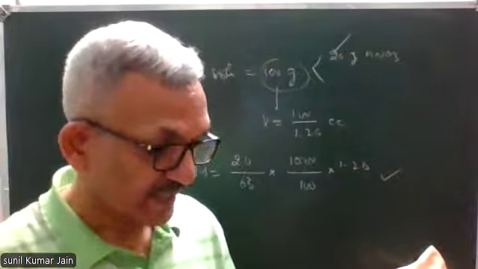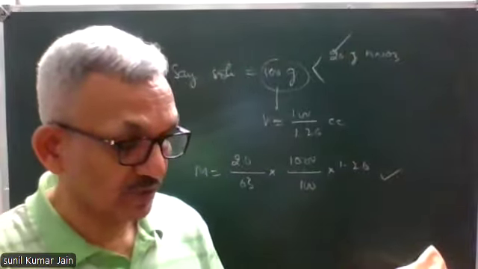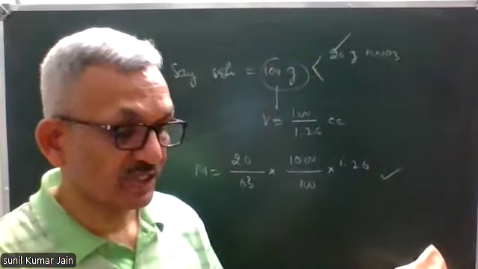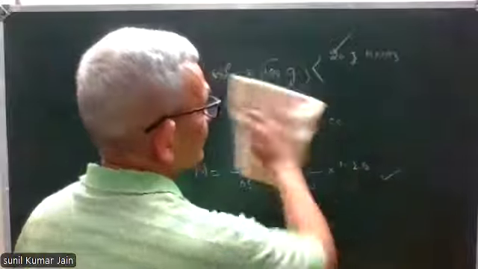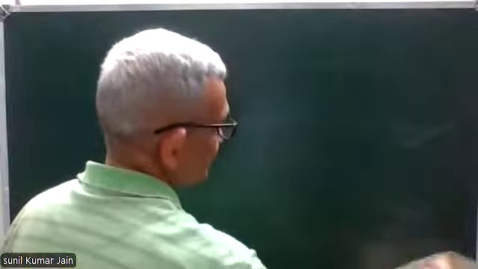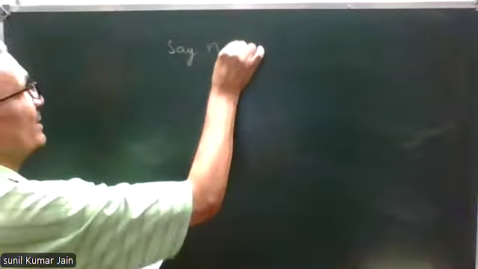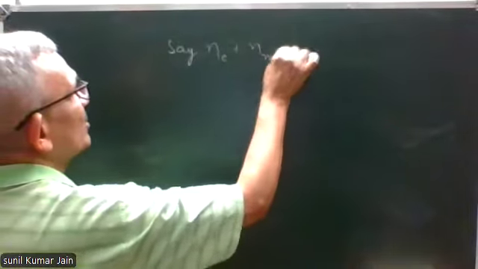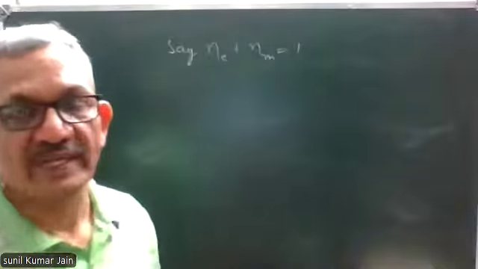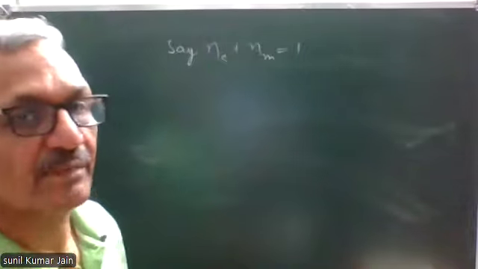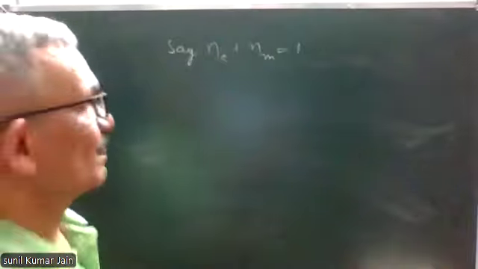Numerical number 4. In a solution of ethanol and methanol, mole fraction of ethanol is 0.4. Calculate mass percent of methanol in the solution. Say number of moles of ethanol plus number of moles of methanol is 1. Although you can assume 1, 10, 20, 100 is your choice, or you can assume X, but assuming 1 will be easy for you.